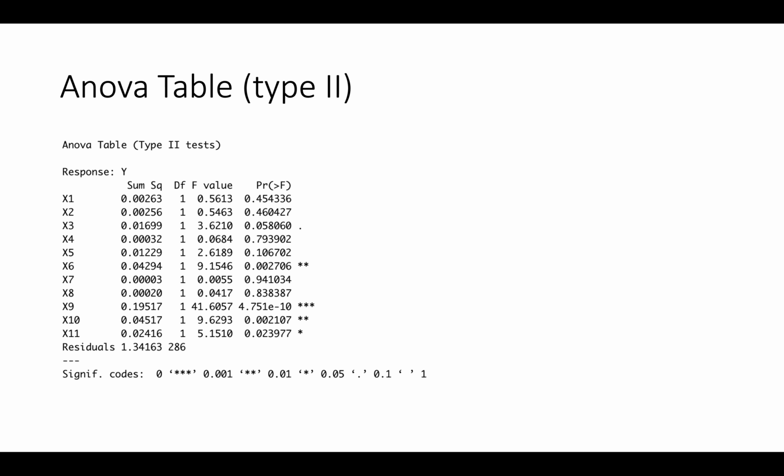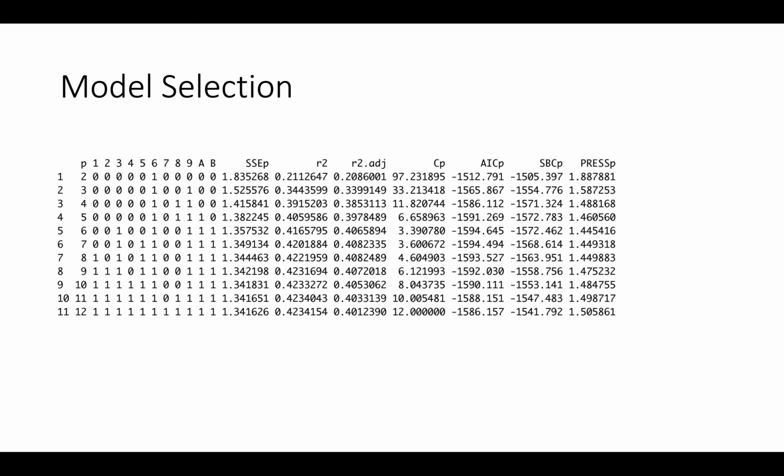And so I want to determine which variables are actually needed. So I use the automatic model selection method in R to find the best model for me. And here is the result from R from the model selection algorithm.